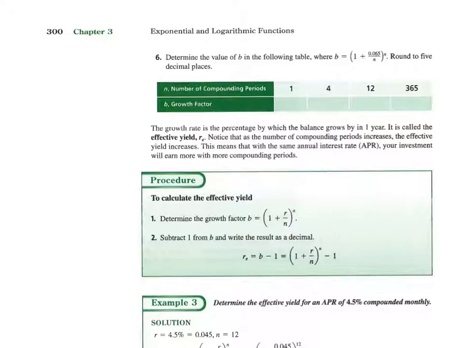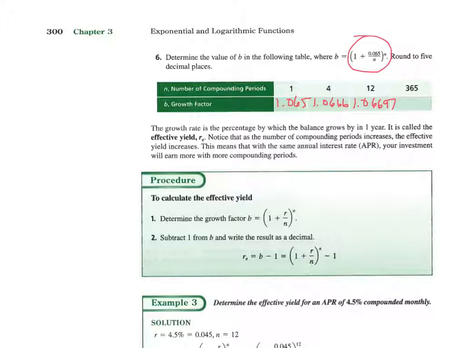Same thing for the other two. We already figured out the growth factor for one time a year was 1.065, and we just did it for quarterly. If we fill in n equals 12 for this b right here, we get 1.06697.